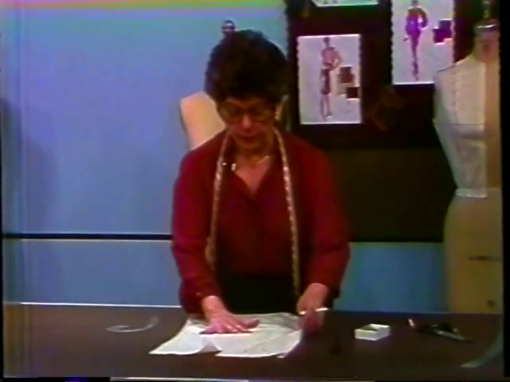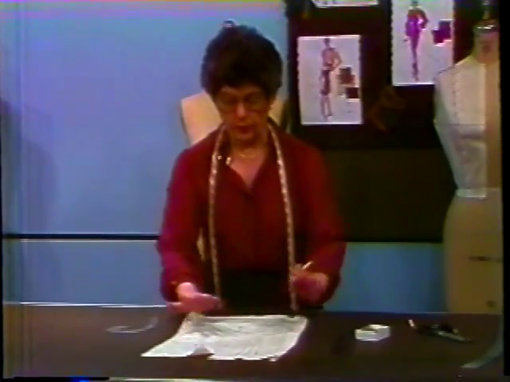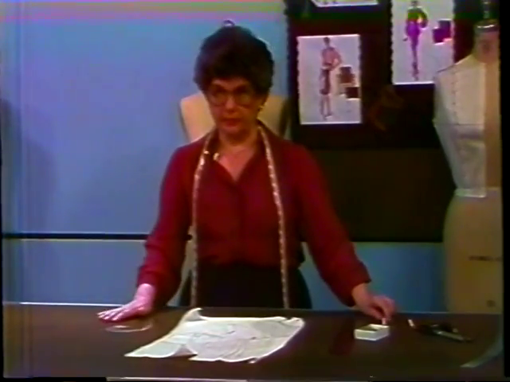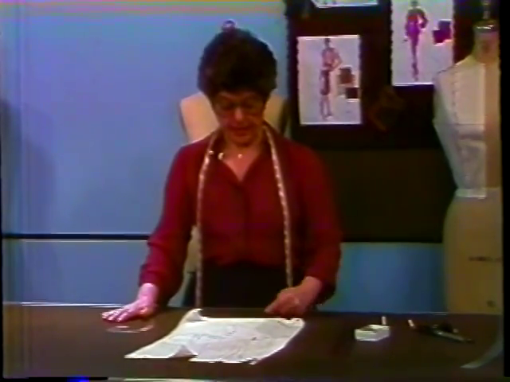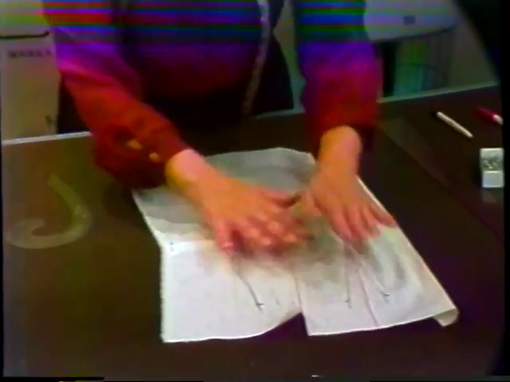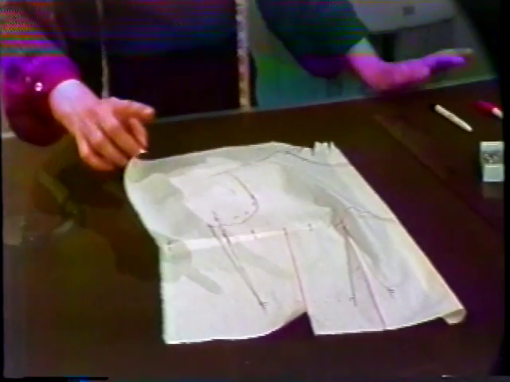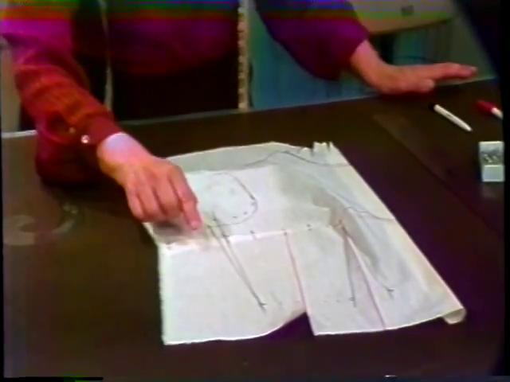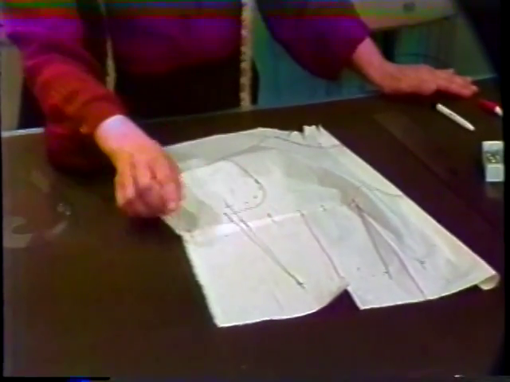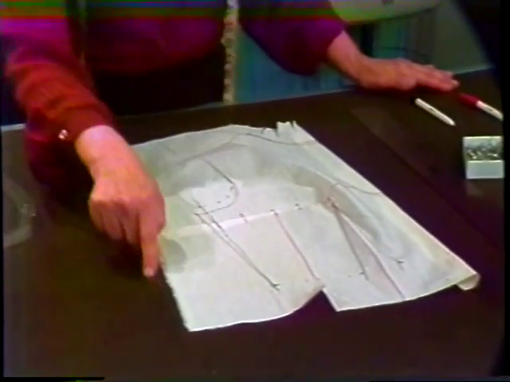However, before we can put this back on the form, we will trim away the excess muslin wherever possible. And that's at the neckline, at the shoulder, at the armhole. We will not trim away the side seam, as we will be balancing the side seam of the front to the back in the area below the dart.